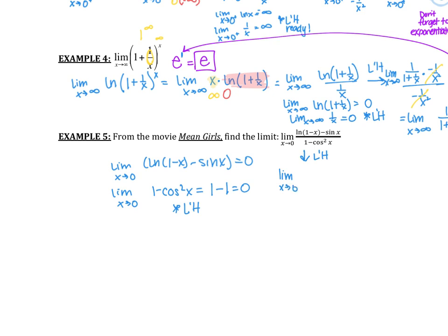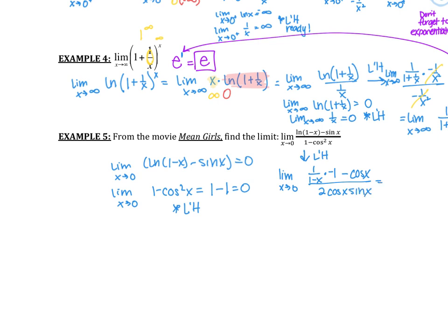The limit as x approaches 0. This is going to be a bit messy, so we get 1 over 1 minus x times negative 1 for that chain, minus the cosine of x, over, we'll have a chain here, so minus 2 cos x sine x.